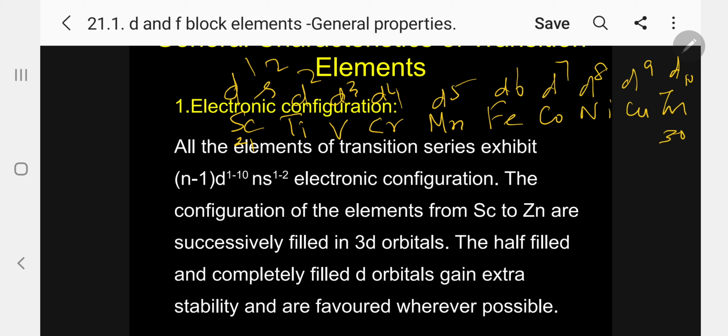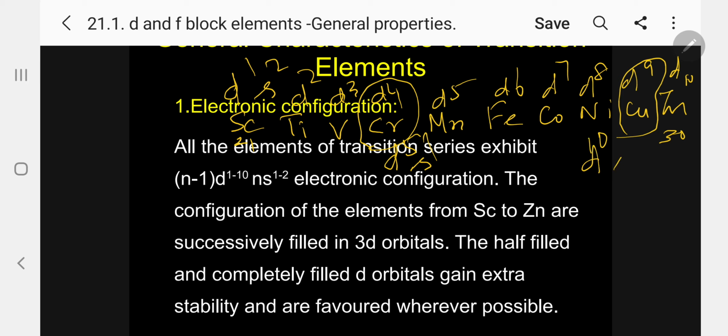According to the stable electronic configuration, half-filled and completely filled d orbitals are more stable. So chromium and copper, you should be careful. In the case of chromium, the configuration will be, instead of d4, d5 s1. Copper is d10 s1.